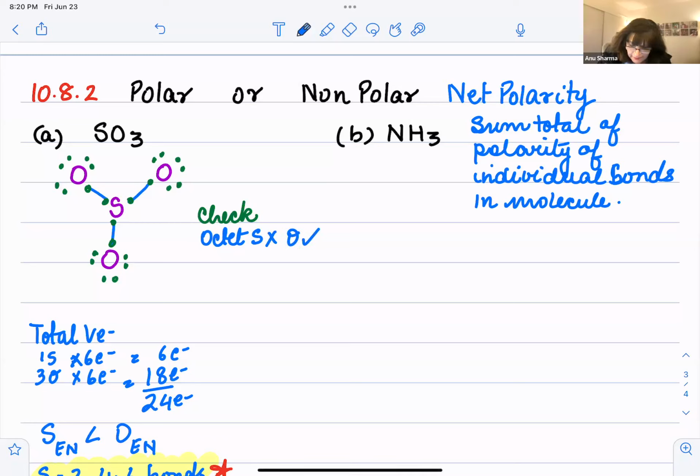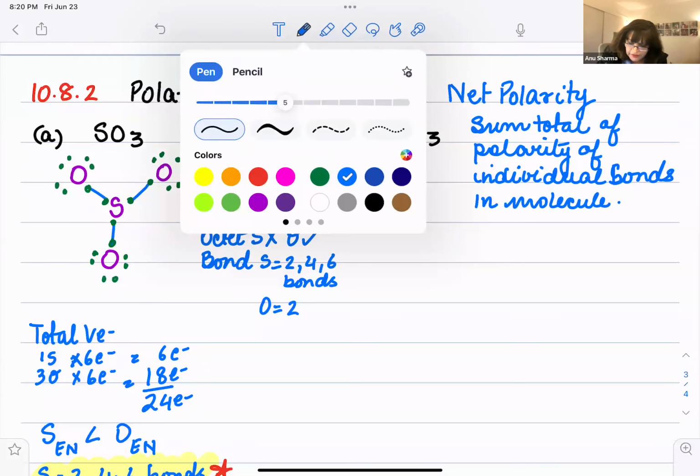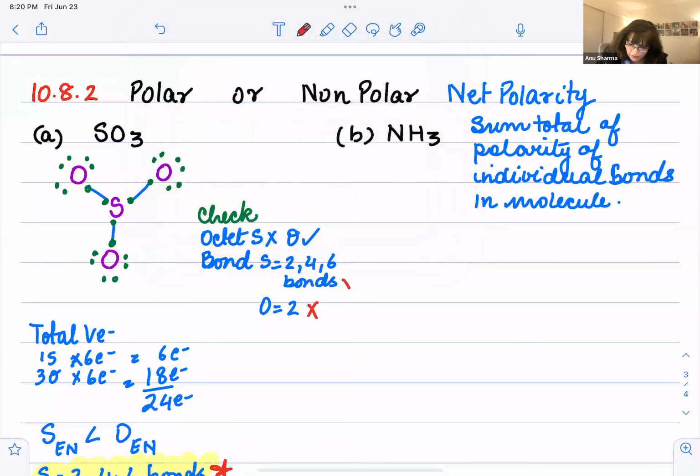The next thing is the need for bonds. Sulfur can make 2, 4, and 6 bonds, but sulfur is making 3 bonds, so that's not stable. Oxygen wants to make 2 bonds, so none of these are being met. What are we going to do?